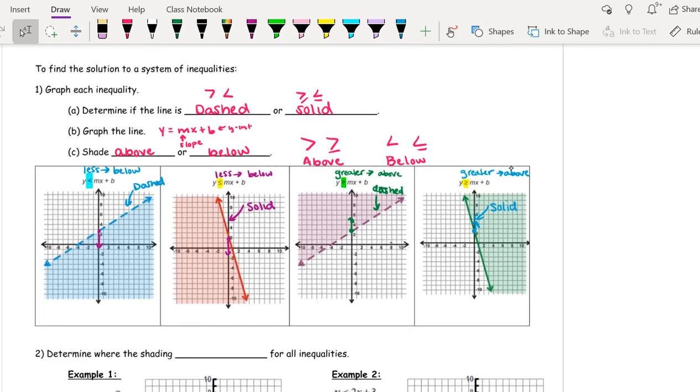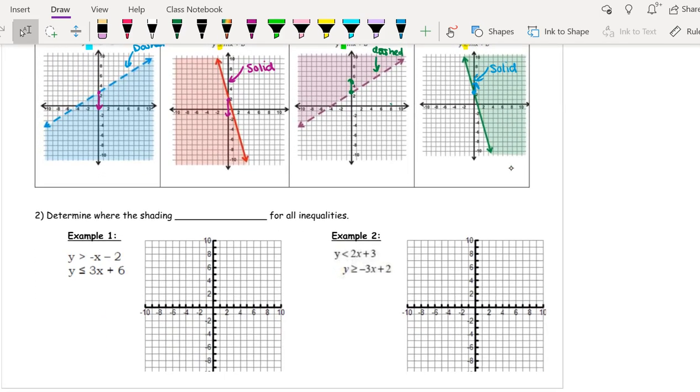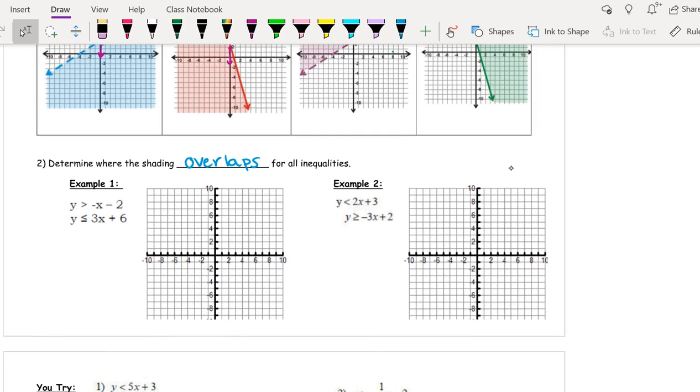Okay, so what we're going to do is determine where the shading overlaps for all inequalities. So if I take a look at this inequality, my y-intercept is at -2, and my slope is -1. So my b value is -2 and my m is -1. So that's down 1, right 1, down 1, right 1, down 1, right 1.